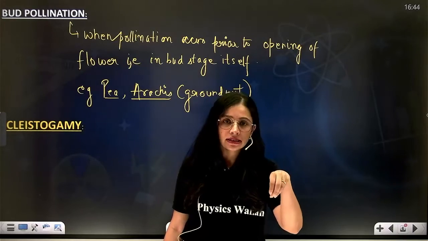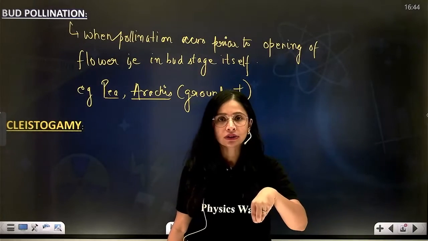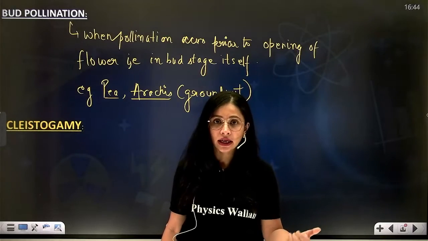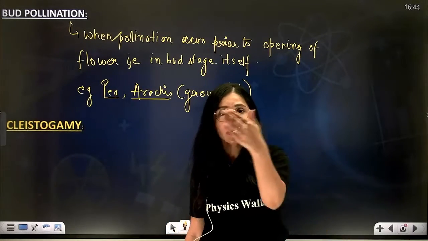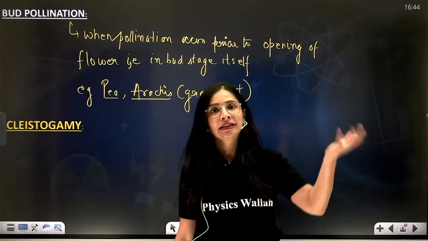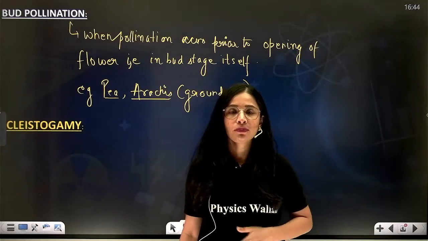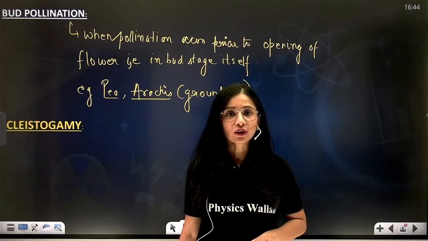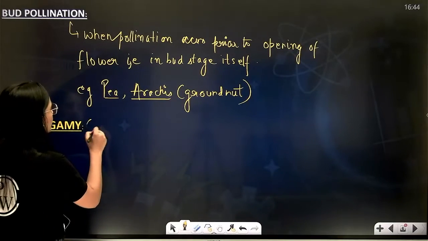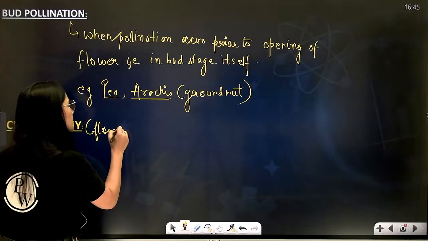Whatever pollen grains are produced will fall on its own stigma. There is no chance for the escape of self-pollen grain and there is no chance for the entry of new pollen grain. So the stigma has no other option than accepting its own pollen grain. Yes or no? So what is cleistogamy? Cleistogamy means flowers which never open.